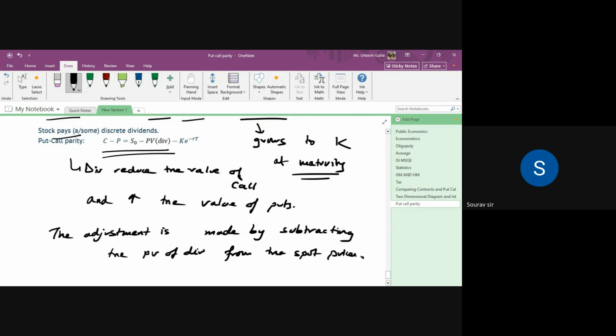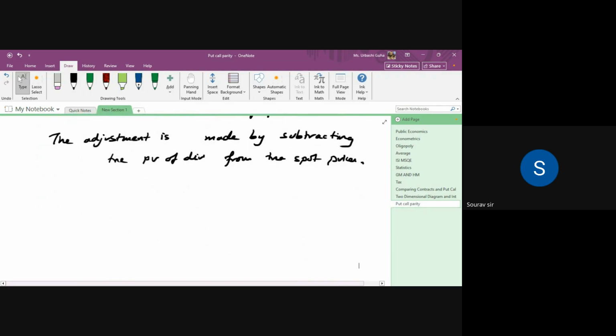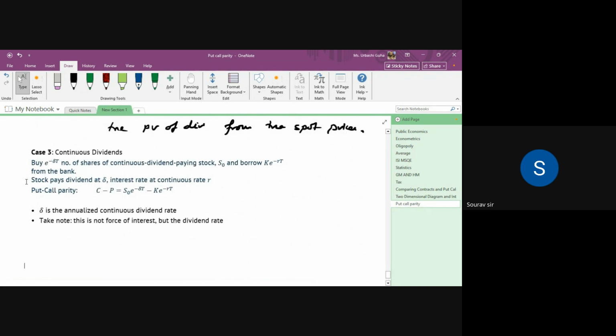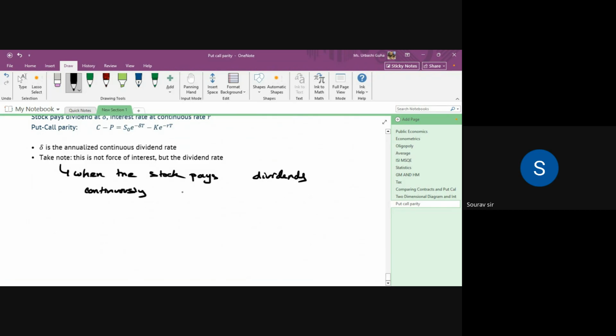Now case 3: continuous dividend. Continuous dividend means the stock pays dividends continuously at a constant rate, called the dividend yield.